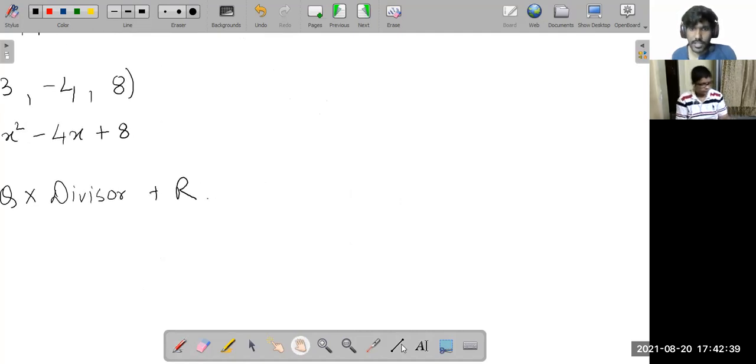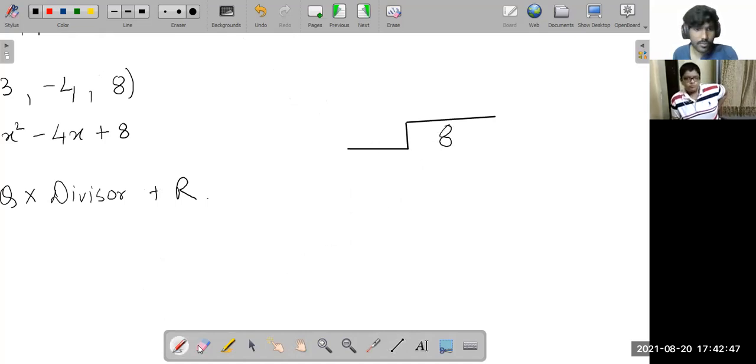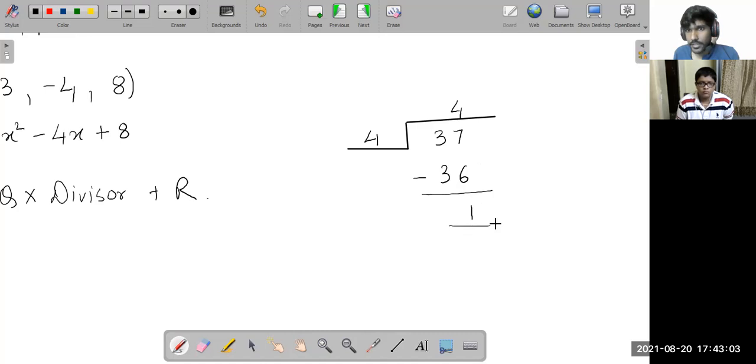Let me give you one simple example. Suppose I divide 37 by 4. 4 fours are 36, 37 minus 36 is 1.